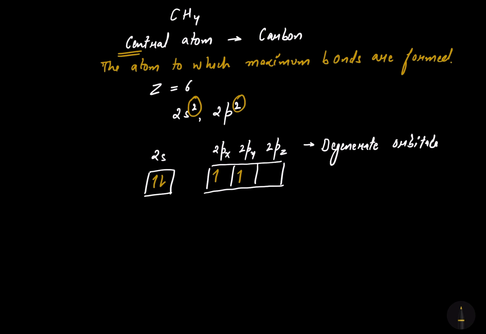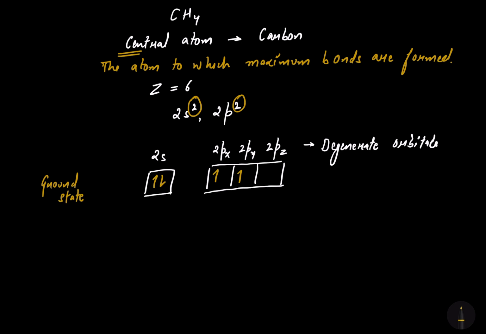And 2pz is vacant, so it's not going to form any bond. So the carbon will form only 2 bonds, but according to the Lewis structure the carbon forms 4 bonds in CH4. So what are we going to do? Firstly, this is called the ground state.